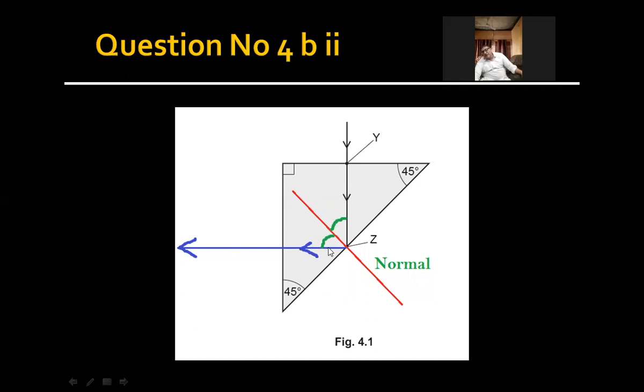When this blue light reaches this face, it will make a 90-degree angle with the face of the prism, so there will be no deviation. It will go straight out. This is how you draw this.